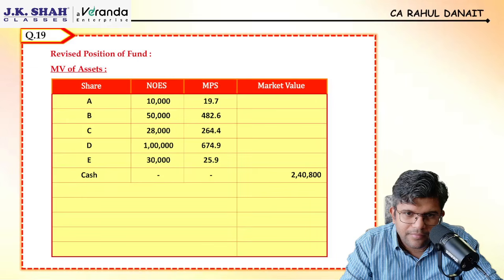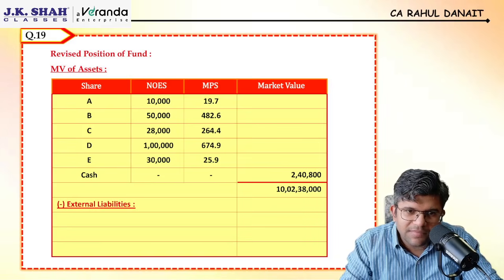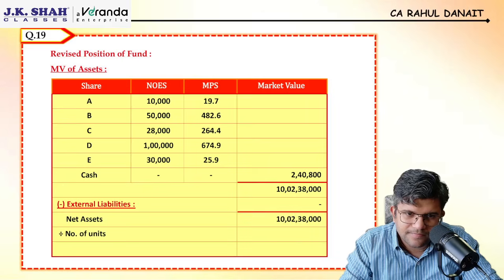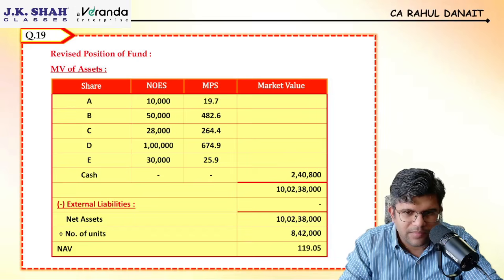Give me a Y. And then can I say something happens to the number of units? Give me a Y. And your NAV continues to remain what it was earlier.